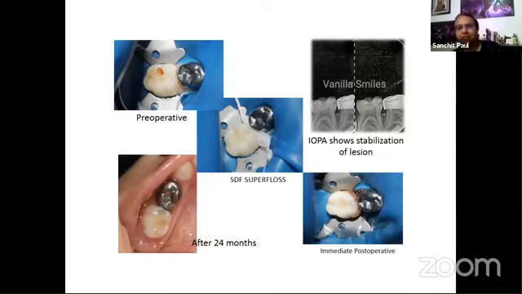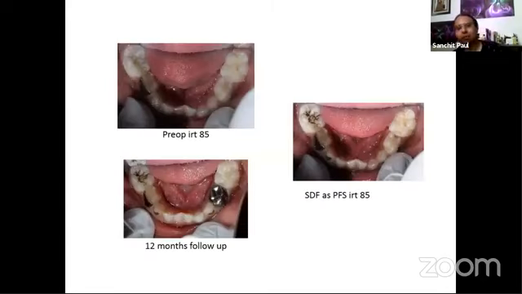And once the child learns to floss and parents can follow up, you would see amazing follow-up after 24 months, 36 months, and 48 months. So this is again an innovative way of using SDF as a pit and fissure sealant in a primary molar where other molars are actually getting deteriorated. Now, in this case, we have to put a crown for 7-4.